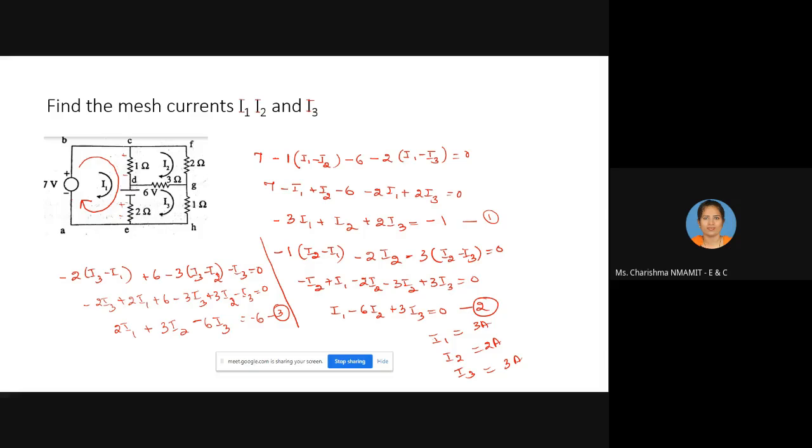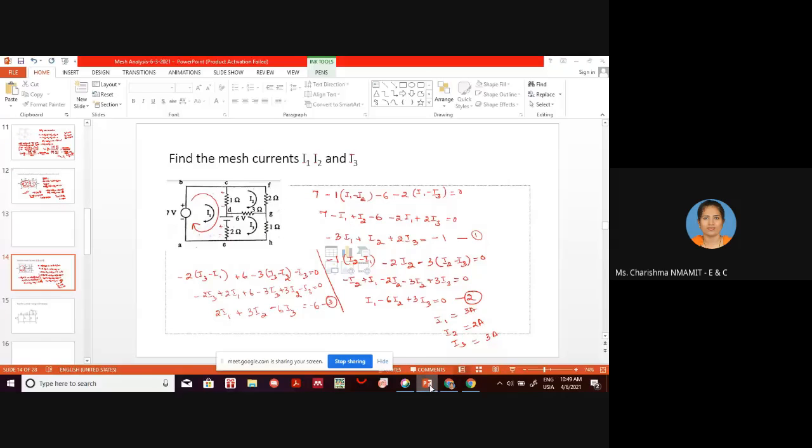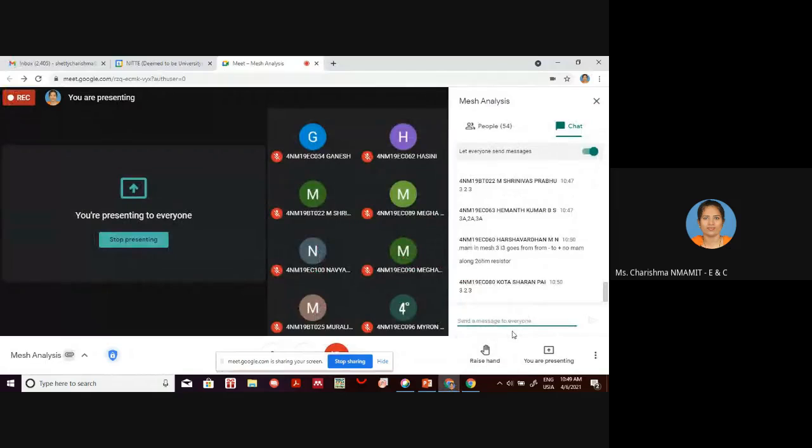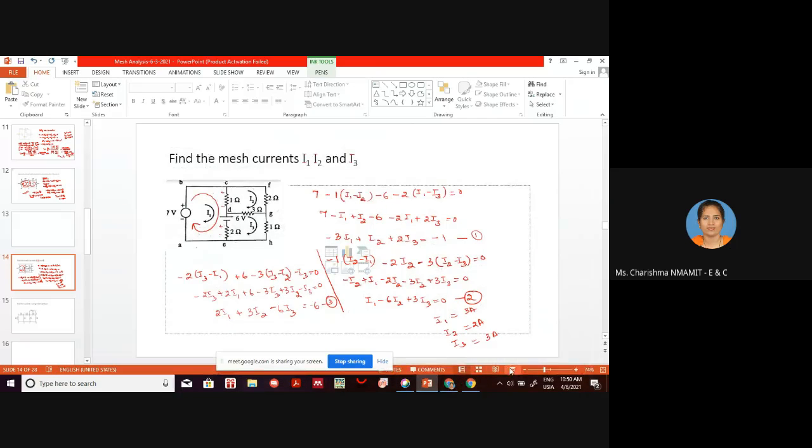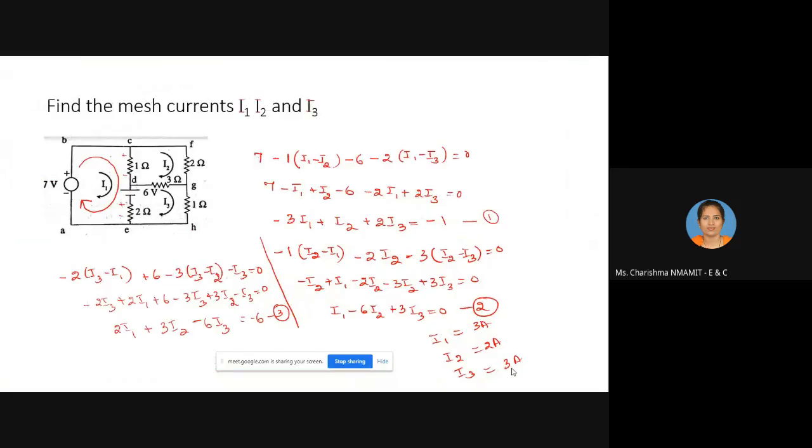Did you get these values? In the 2 ohm resistor, don't get confused.